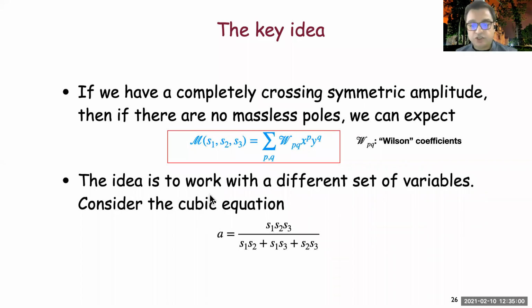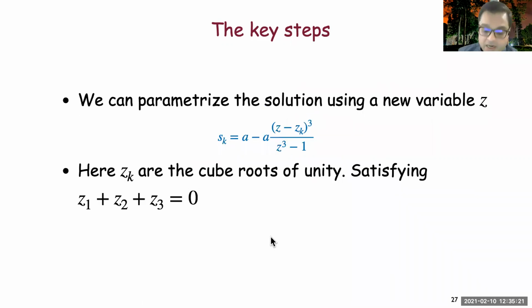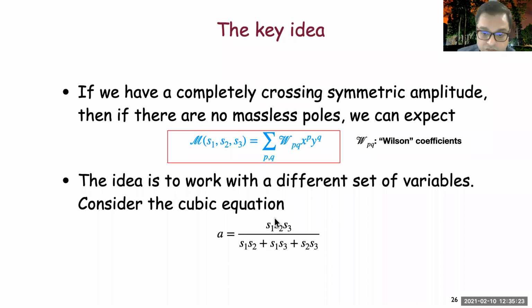The idea of a crossing symmetric dispersion relation is that we consider a cubic equation. This was the A that I was using in the demonstration that the crossing symmetric expansion works. It is a cubic equation because, well, it's obviously cubic, and S1 plus S2 plus S3 is equal to 0.